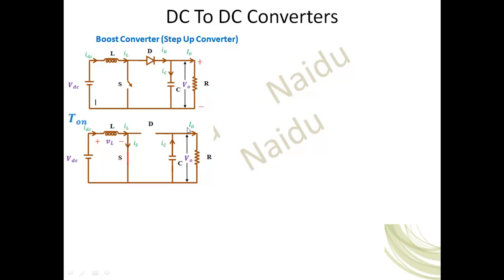The capacitor will supply the energy to the load. The capacitor current was assumed positive in this direction, but now the capacitor will supply the energy which was stored in the previous operation. Suppose you are operating this converter for the first time. In that case, for at least 2 to 3 cycles, the capacitor will not supply enough energy to the load. That's the difference we need to understand.